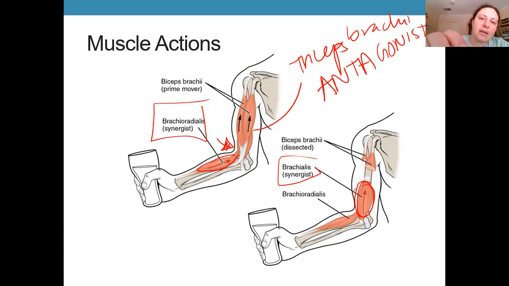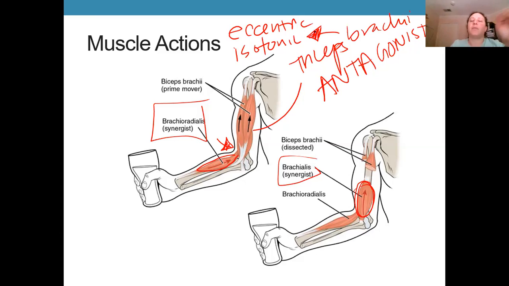So this is an example of when we're using those eccentric isotonic contractions as part of our muscle actions. So the biceps and all of its synergists are going to be using concentric isotonic contractions to lift a cup. And the triceps is going to be using eccentric if it's needed to contract at all to control that movement.